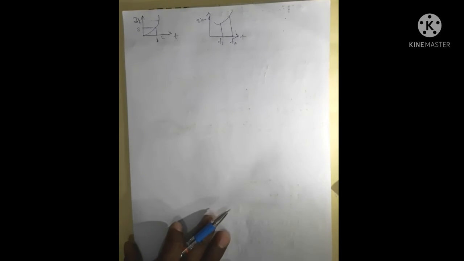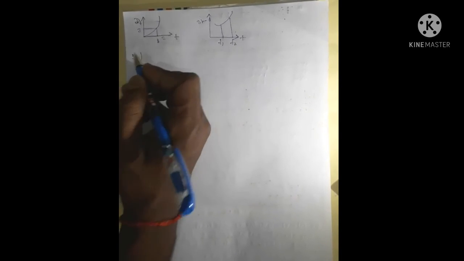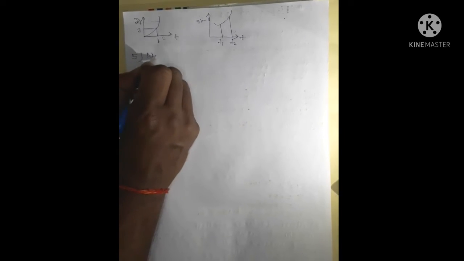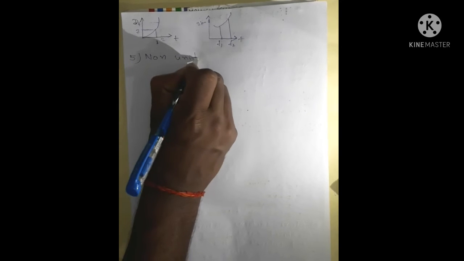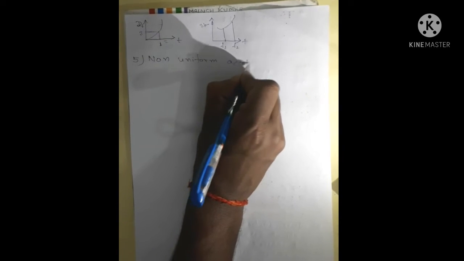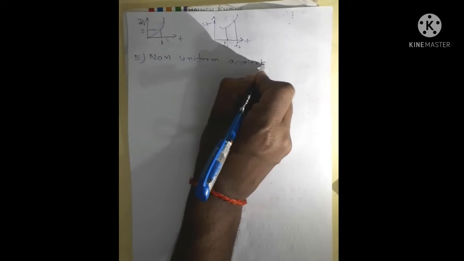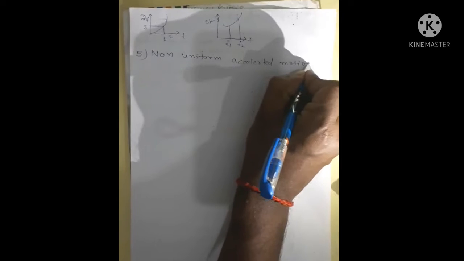Fifth point is non-uniform accelerated motion. Non-uniform accelerated motion means acceleration is not constant.